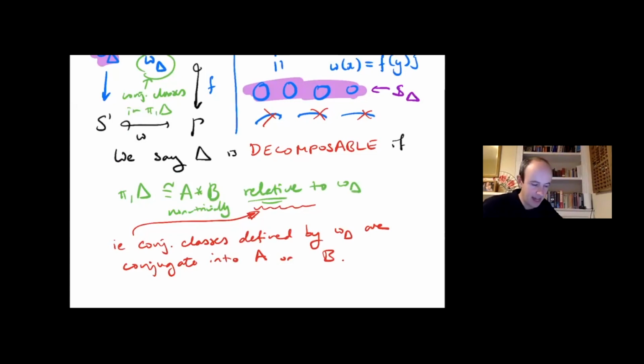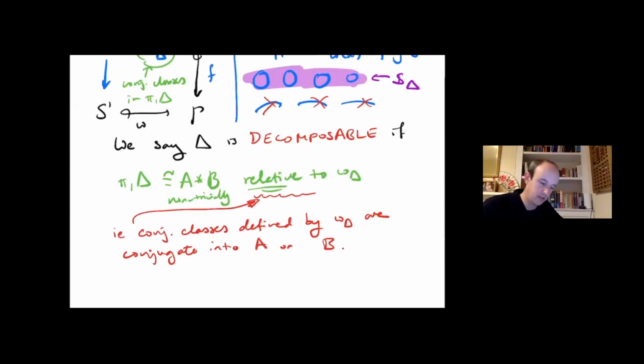What I mean by that is that all of the conjugacy classes defined by W delta are conjugate into one side or another. So they either go into A or they go into B. Each conjugacy class can be conjugated into A or into B, but they don't crash around all the way through pi1 of delta. They have to go on one side or another.